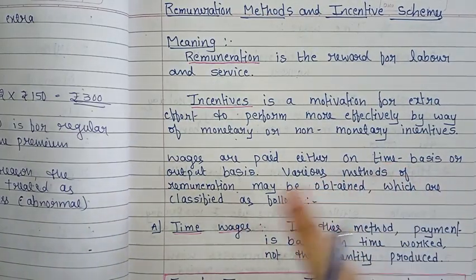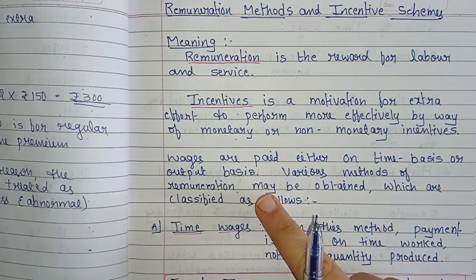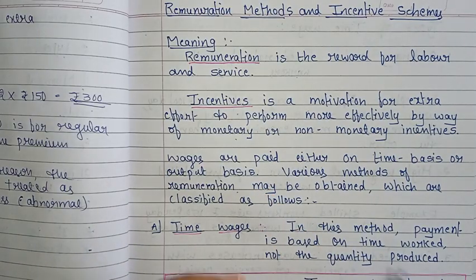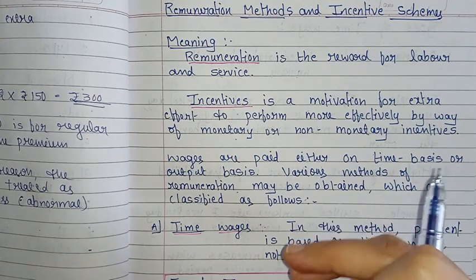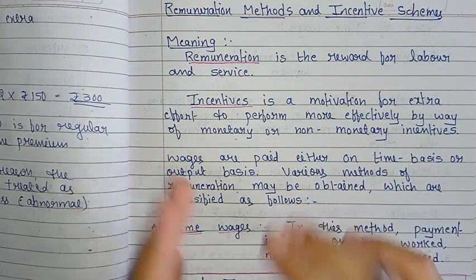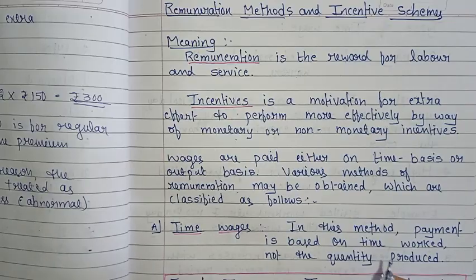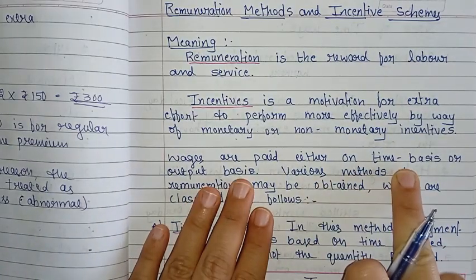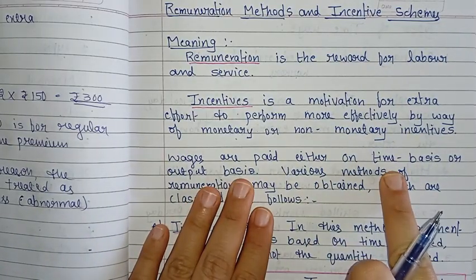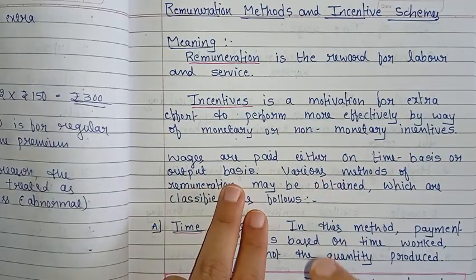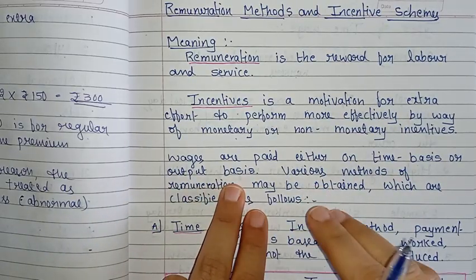And output basis means what? Employees are paid based on the quantity of work completed or units produced. The time basis is also called the time rate system, and the output basis is also called the piece rate system.